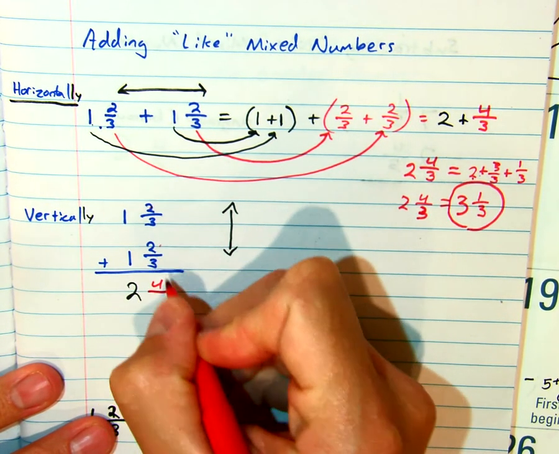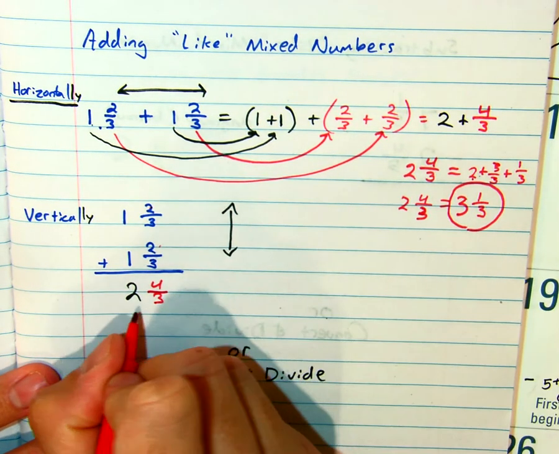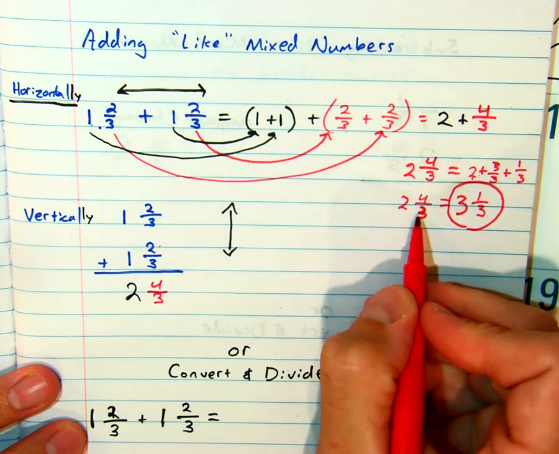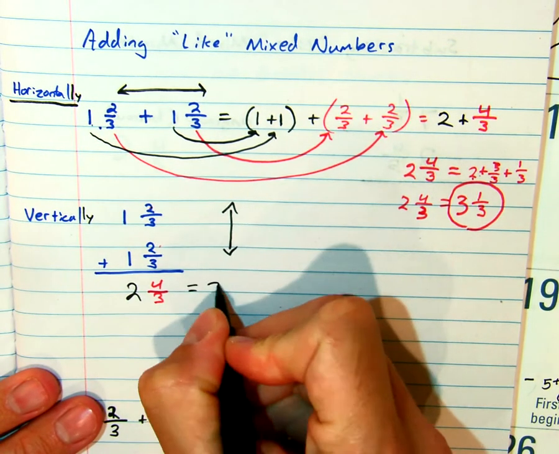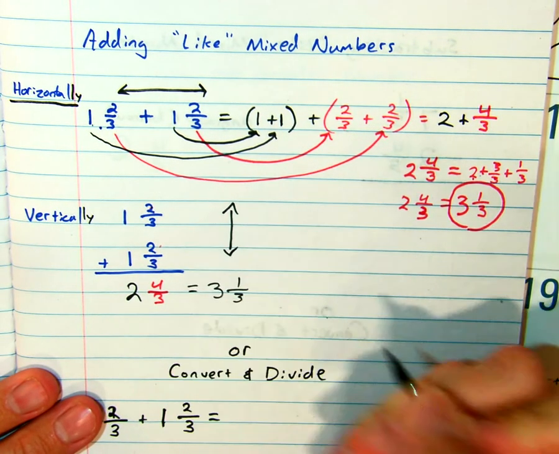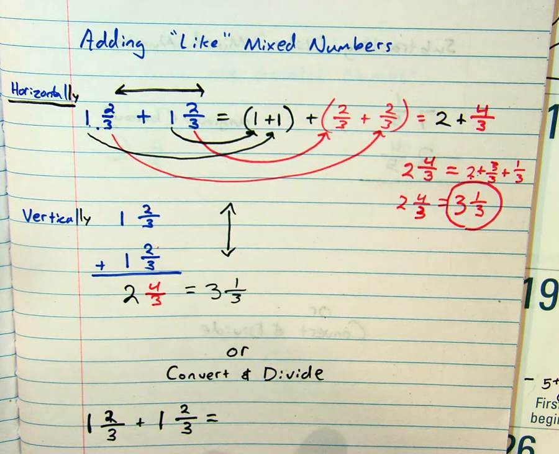Keep the denominator of 3 because they are like denominators. We end up with a very familiar number we've already worked out over here. So we can simply say that it is 3 1/3. All right. That is adding like mixed numbers, horizontal and vertical.